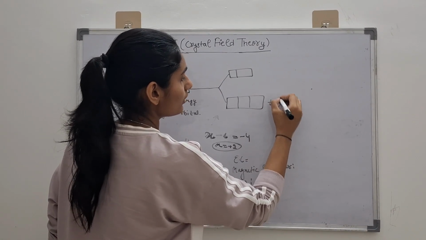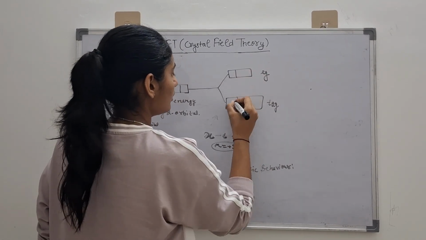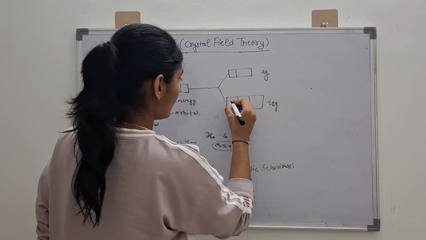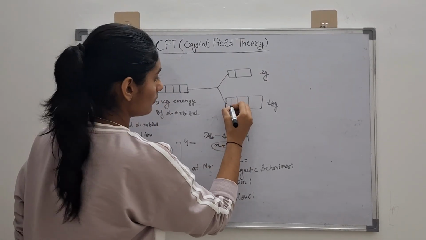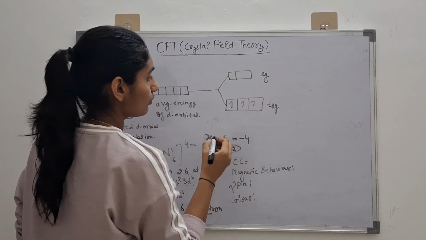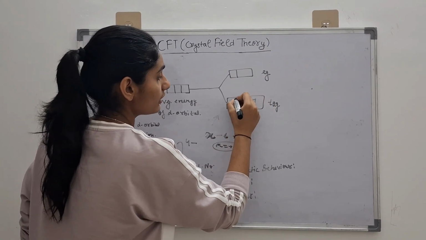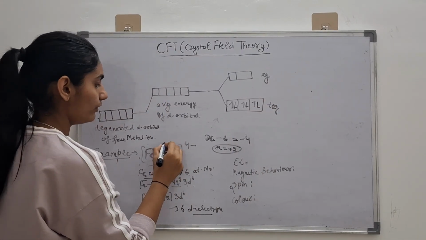This is T2g and this is Eg. So as it is 1, 2 and 3, the next electrons are also filled in this, as CN is a strong field ligand.